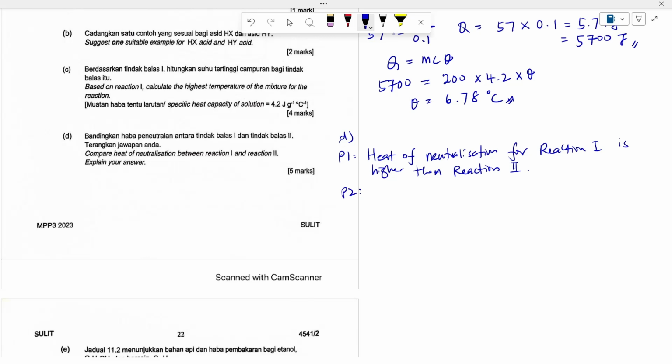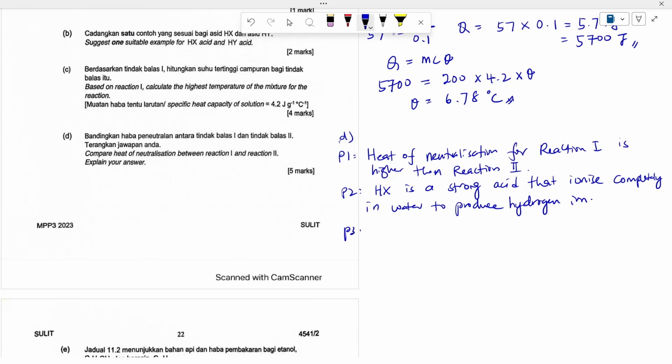So point number 2: HX is a strong acid that ionizes completely in water to produce hydrogen ions.